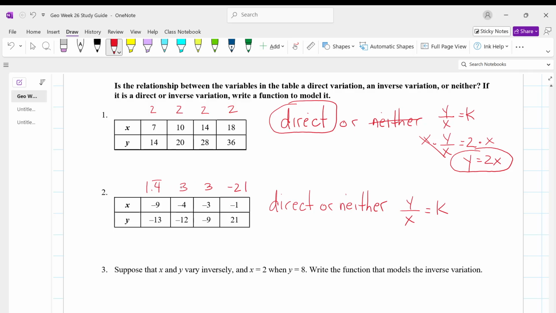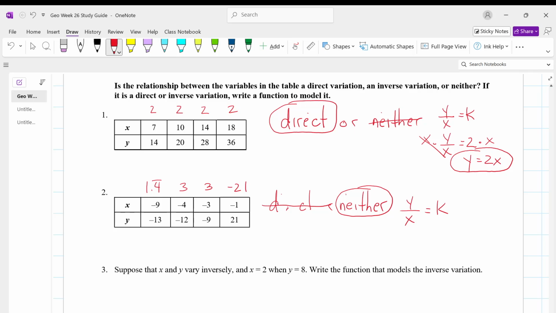So we don't have a constant. If we don't have a constant, it can't be direct, so it's got to be neither. And since it's neither, we can't write a function to model it. Okay?